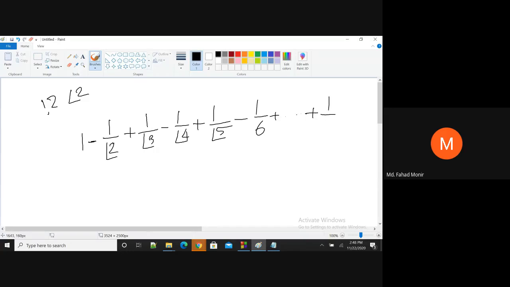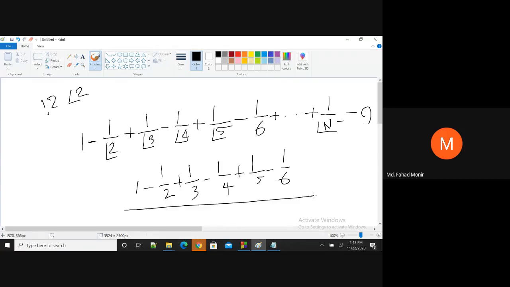Can you do that? We know how to get the factorial, right? We know how to do that too, right? If we can do this, can't we do this as well?